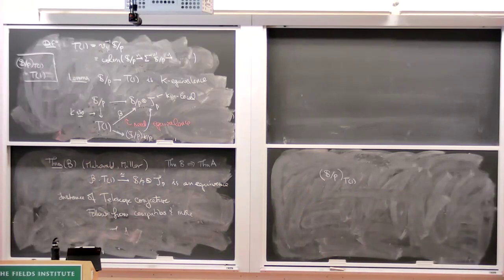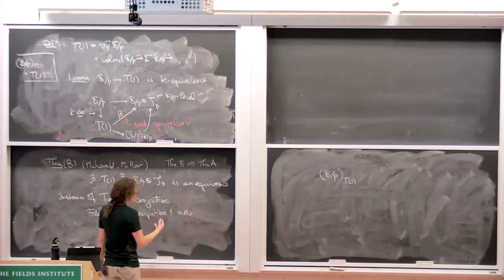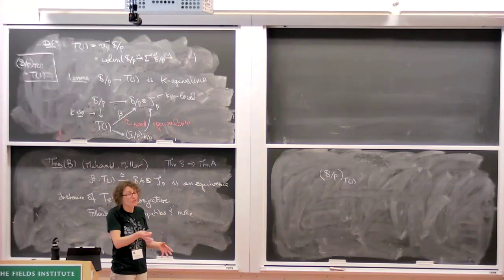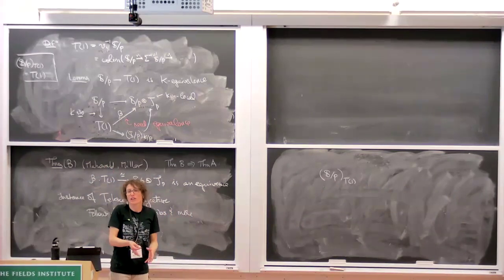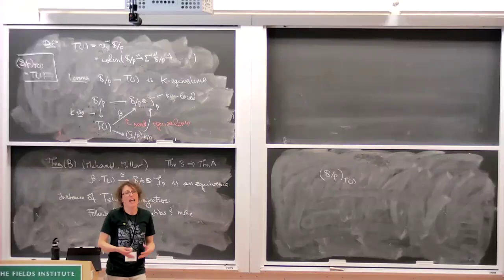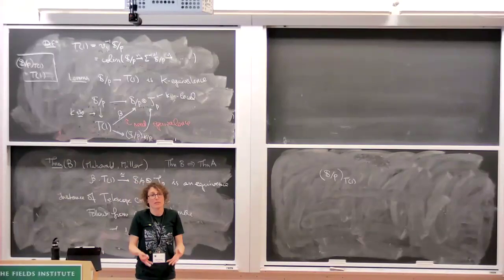is a K equivalence. Now, it turns out that if you're working with S mod P, this is one of the bits that I'm kind of pushing under the rug. If you're working with S mod P, if you're a K equivalence, then you're a K mod P equivalence, and it's because S mod P is already P complete.